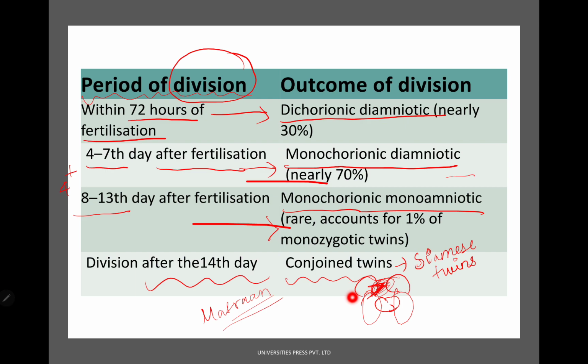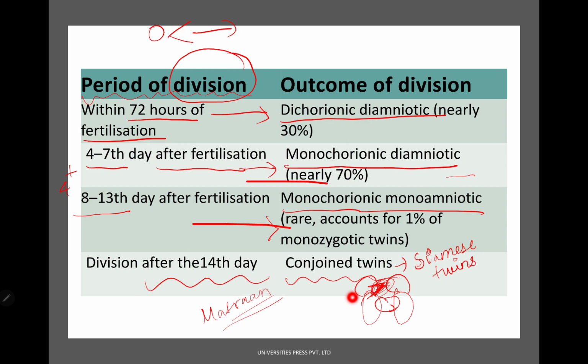That is conjoined twins. So very important, how the period of division of a zygote is going to result in the outcome of the division. If the division occurs within 72 hours of fertilization, then it is dichorionic diamniotic. If the division occurs around 4th to 7th day after fertilization, then it is monochorionic diamniotic.